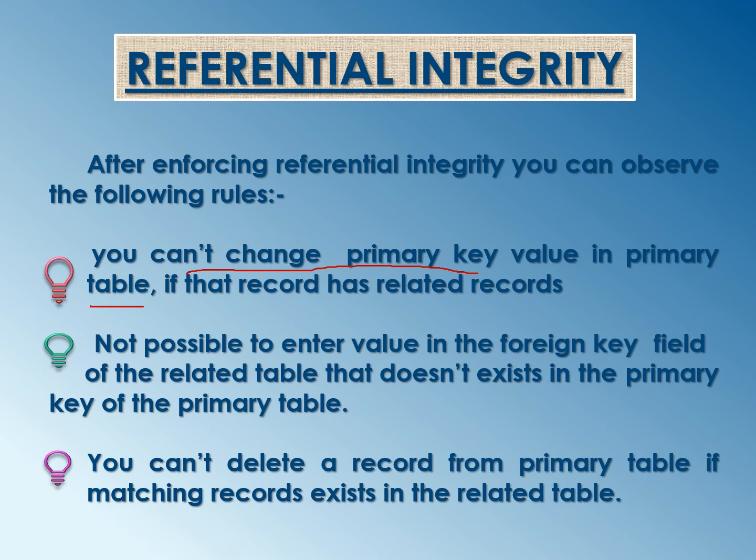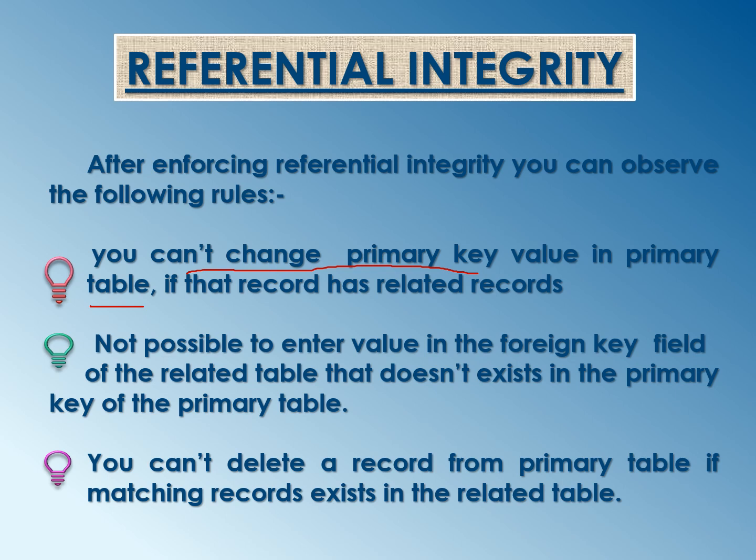Let us say I have a department 001 in my teacher table, that is the related table. Can I now change this value 001 in the main table, that is the department table? No, I cannot do so. Because if I do this, the related value in my teacher table will be orphaned. That will be hanging loose without any connect.